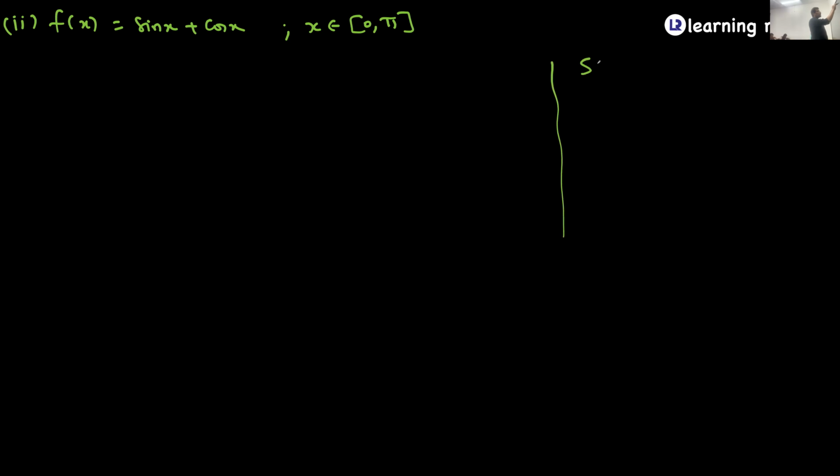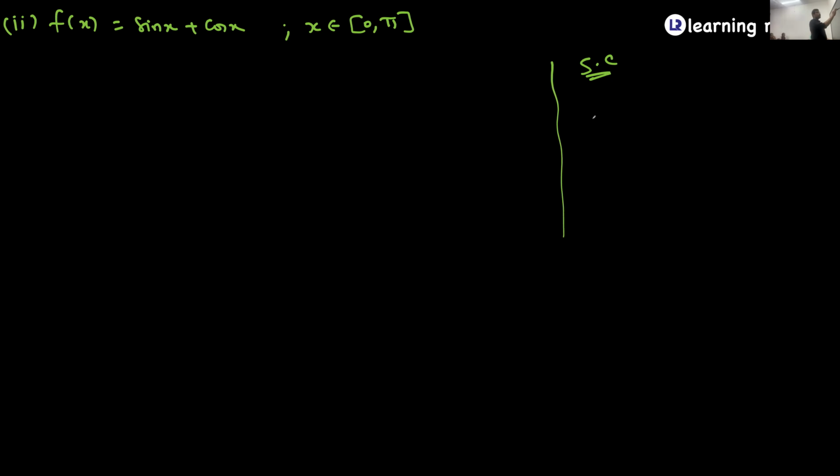So the second question is, f of x is equal to sin x plus cos x, where x belongs to 0 to pi. When we do it using the shortcut method, we know the answer for this. The coefficient of sin x is 1, the coefficient of cos x is also 1.